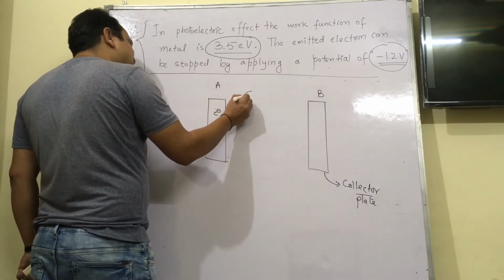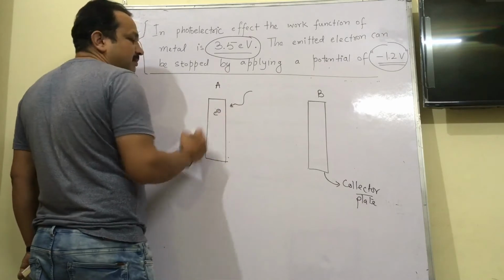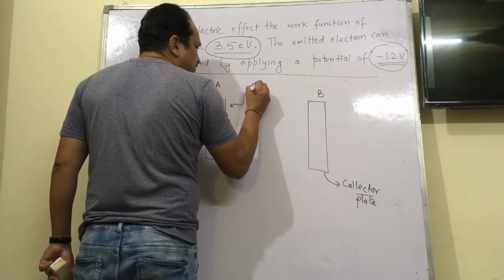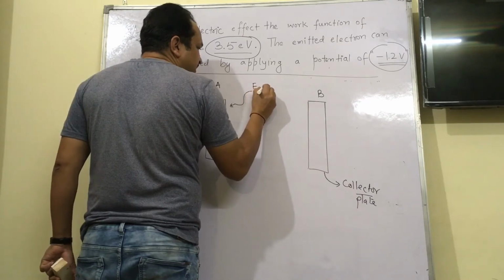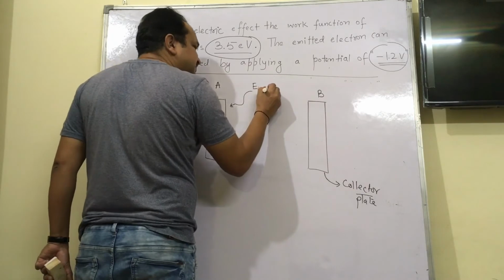Suppose a photon is incident on this metal plate. This photon has some energy, and I am writing this energy as E incident.